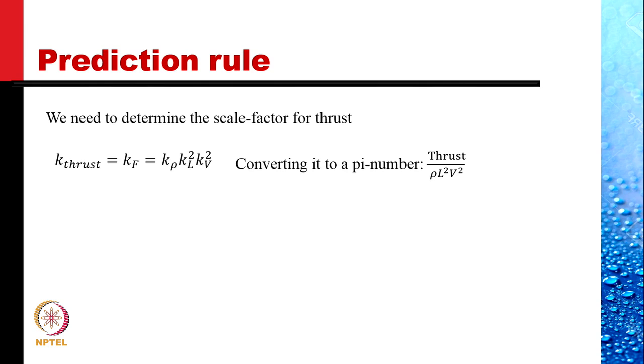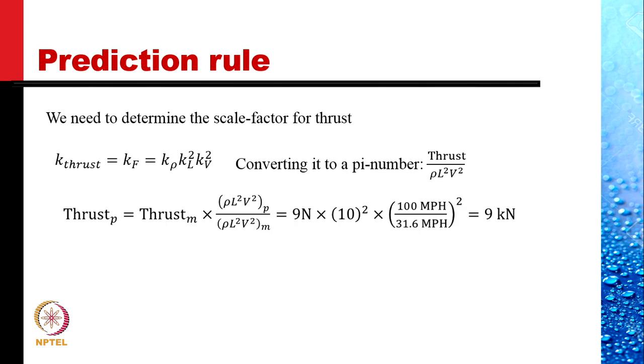And so, the K for thrust would be K rho, KL square, KV square. And converting it to a pi number, we get thrust divided by rho, L square, V square is invariant. That is, it has the same value for the prototype as for the model.